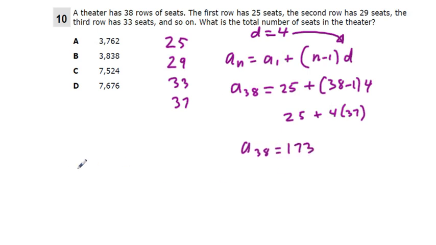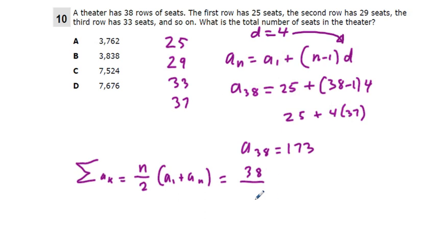So our answer we're going to find by getting this summation a sub k looking thing is going to be equal to n over 2 times a sub 1 plus a sub n, which equals, in this case, 38 over 2 times 25 plus 173.